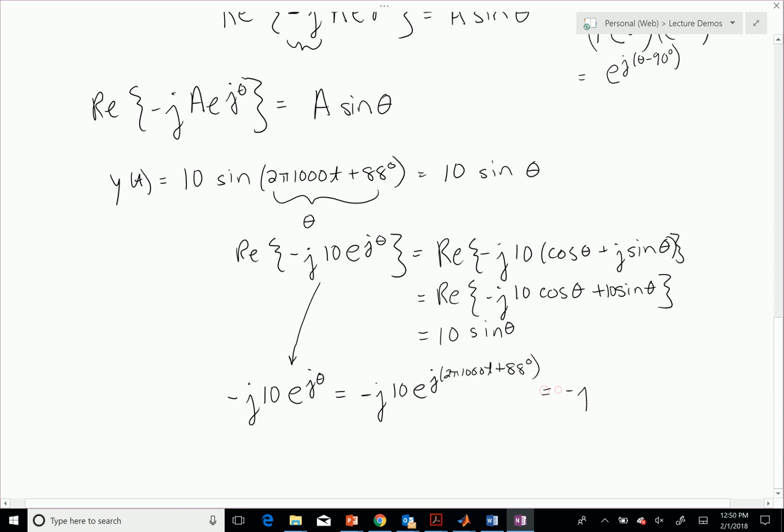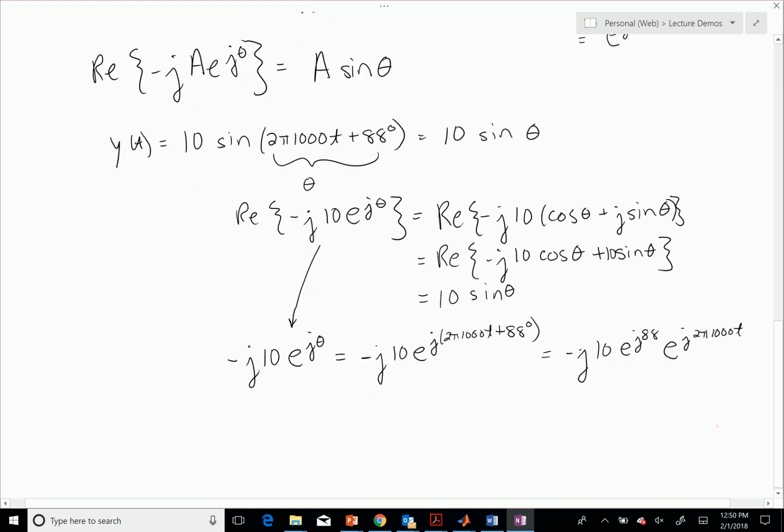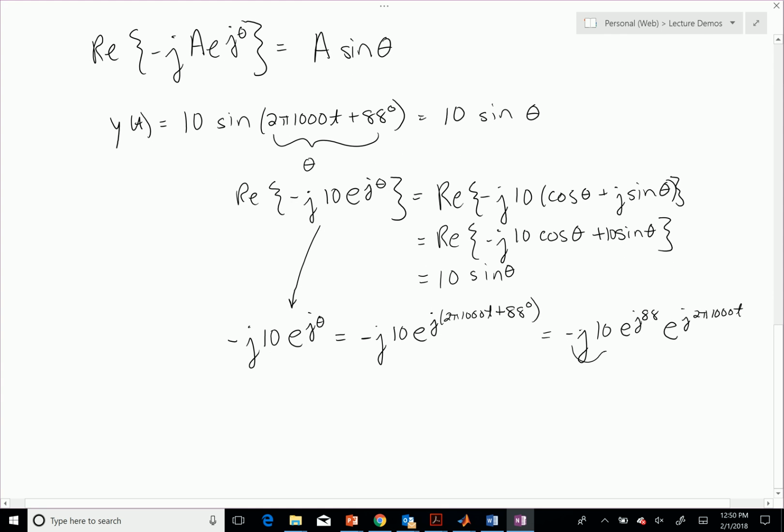So that becomes minus j 10 e to the j 88 times e to the j 2 pi 1000 t. Okay? This part here now, this is my phasor. So my phasor y hat is minus j times 10 times e to the j 88.